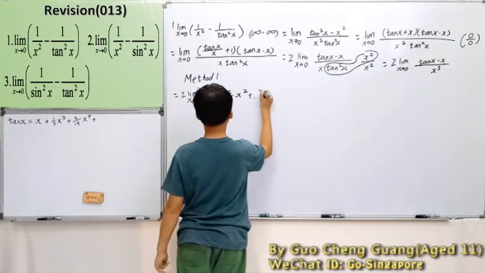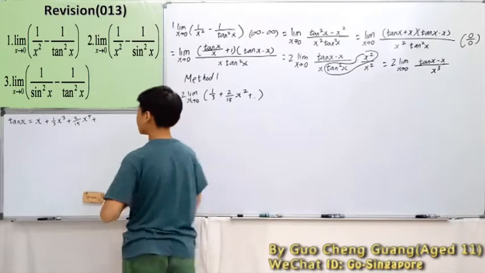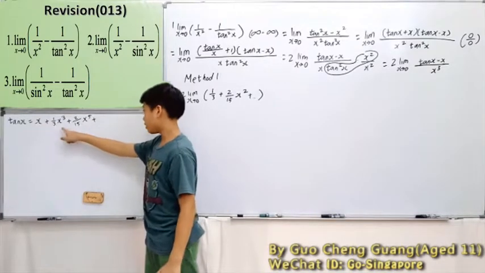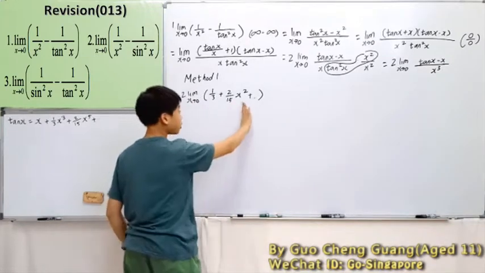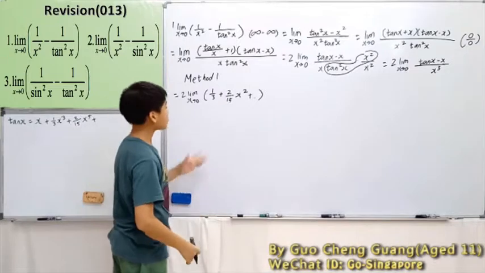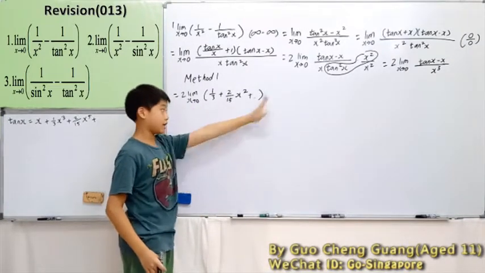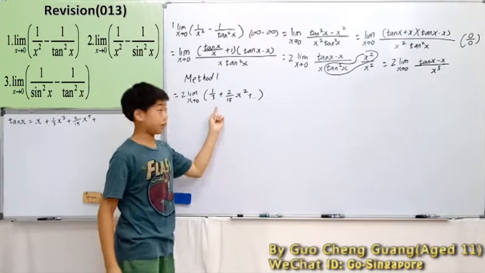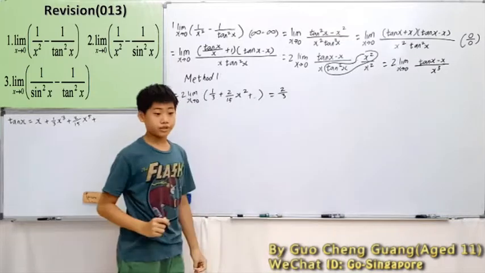Then all the way. Now what do you realize? All the terms behind, because this power 1, 3, 5, 7, and so on keeps on increasing, all those behind will have x to the power of something. With x to the power of something, you can use direct substitution. All those behind are 0. That is 1/3 here. And the answer you get is 2/3.